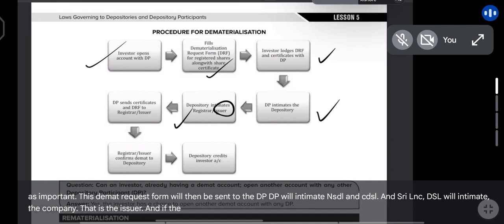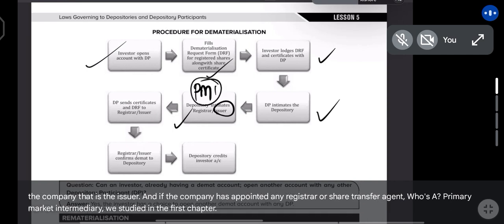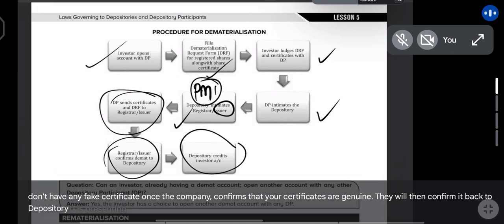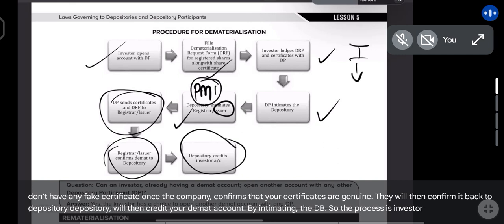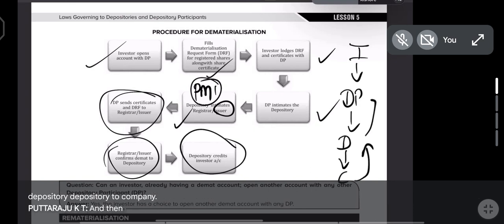And if the company has appointed any registrar or share transfer agent, who's a primary market intermediary we studied in the first chapter, these people will then check whether your certificate is valid or not. You don't have any fake certificate. Once the company confirms that your certificates are genuine, they will then confirm it back to the depository. Depository will then credit your demat account by intimating the DP. So the process is investor to DP, DP to depository, depository to company, and then the cycle comes back.